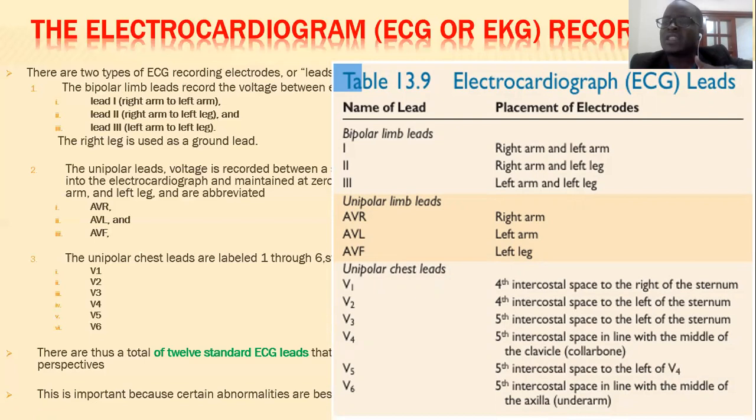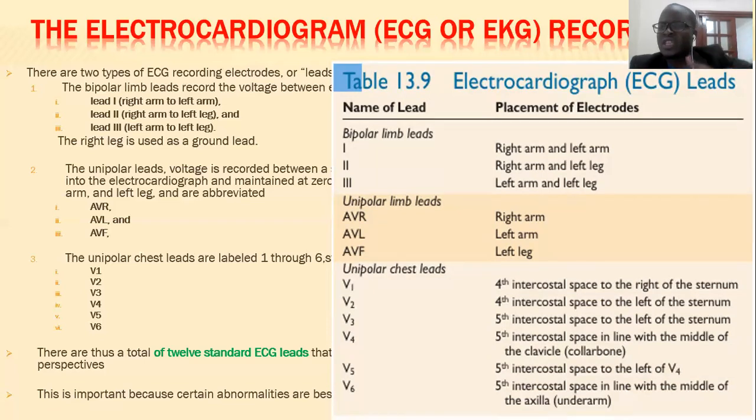Once you find the sternal angle, you move to your right side and feel the 1st intercostal space. Then you go down to the 2nd, the 3rd, until you reach the 4th intercostal space. Just adjacent to the sternum, you put your V1.